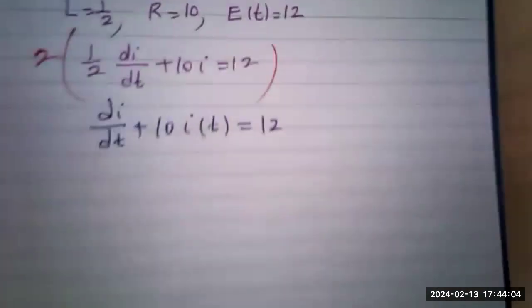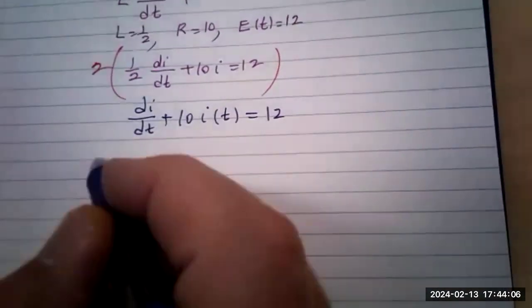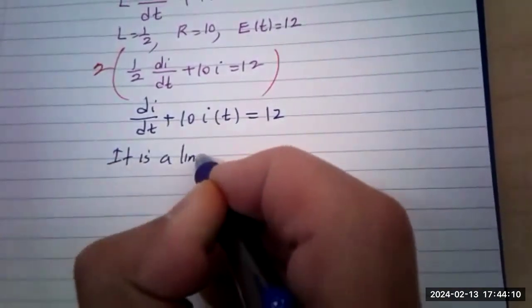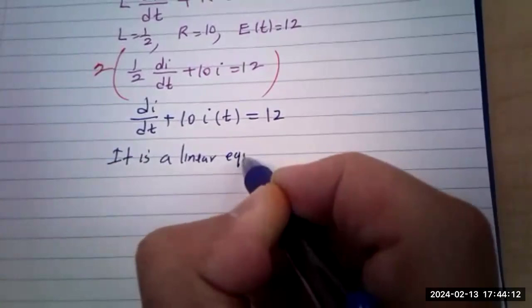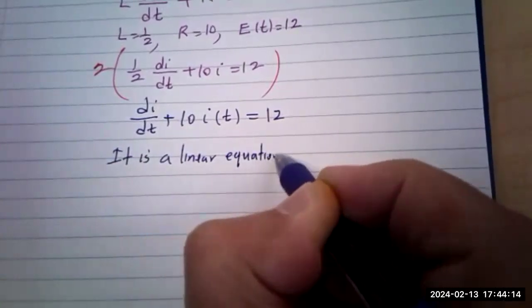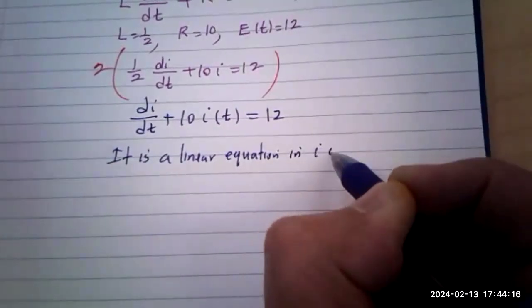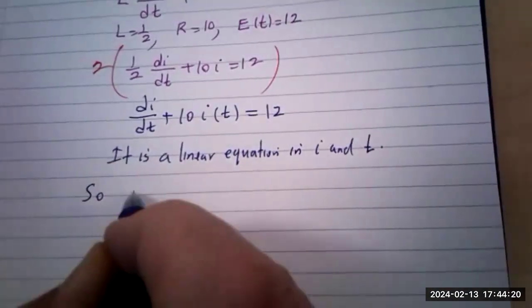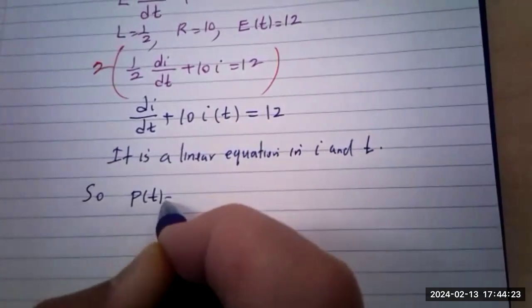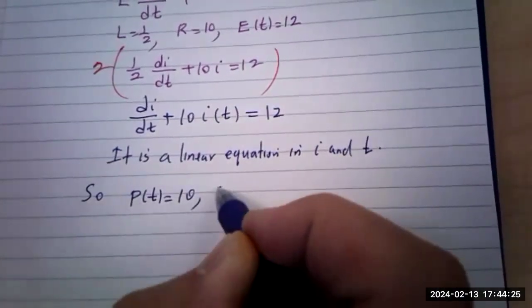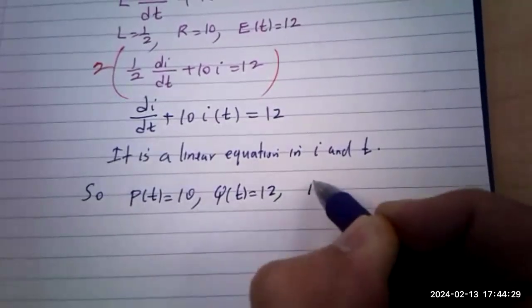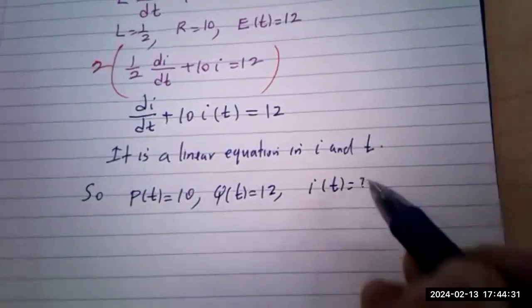It's a linear equation in I and t. So P of t is equal to 10, Q of t is equal to 12, and I of t is the missing one.